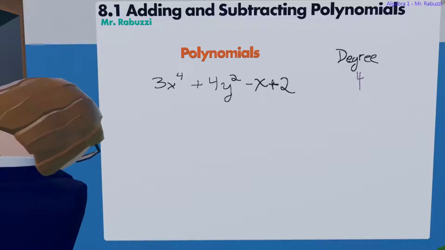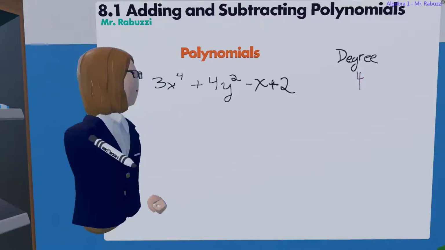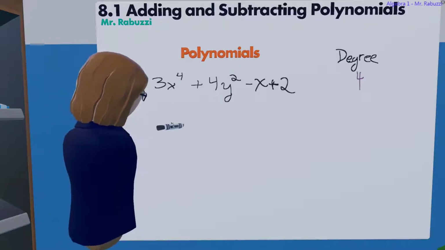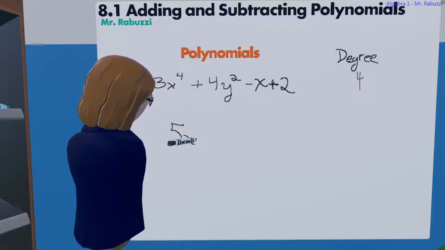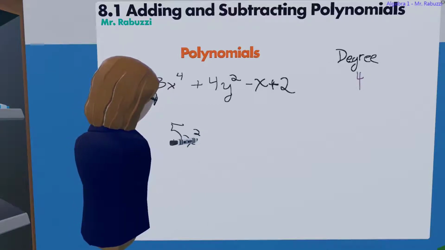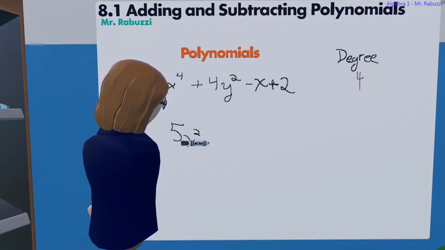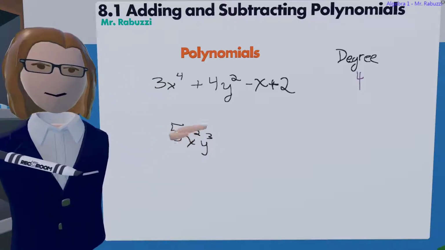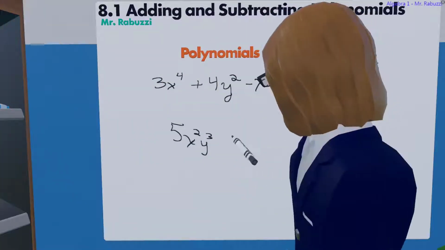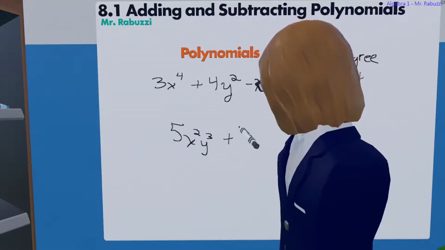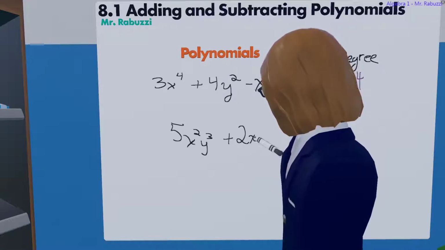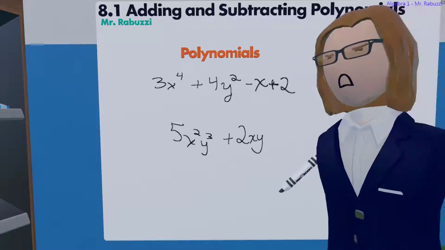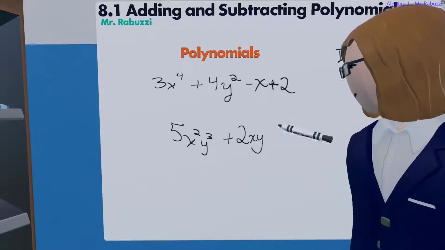Okay, let's do a little bit of a tricky one, and we're done talking about polynomials. We're going to add and subtract them. It's a little bit harder. We have maybe 5x squared y to the third. So this is a polynomial. They're all multiplying together. Plus 2xy. Okay. So that's a polynomial.